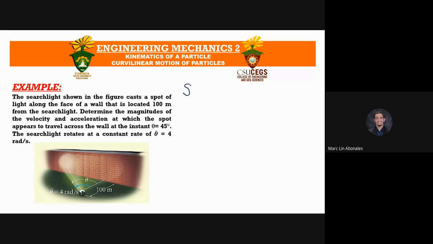So just a solution for this problem. When we encounter problems for cylindrical coordinates, it's better that you familiarize the equations we use for the cylindrical components, especially for the velocity and the acceleration.